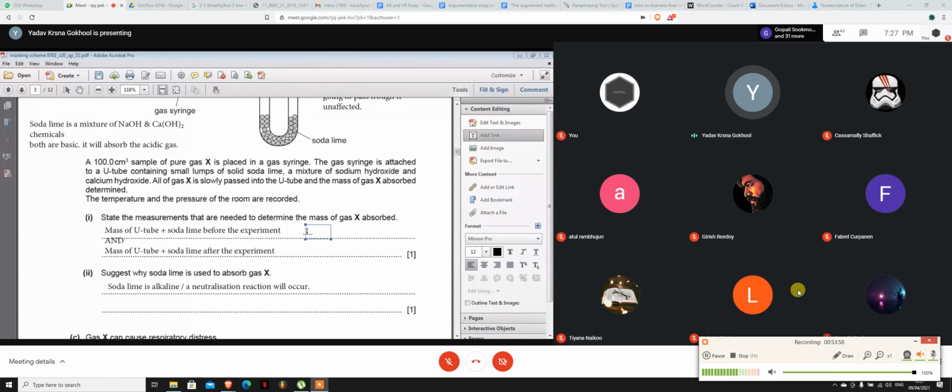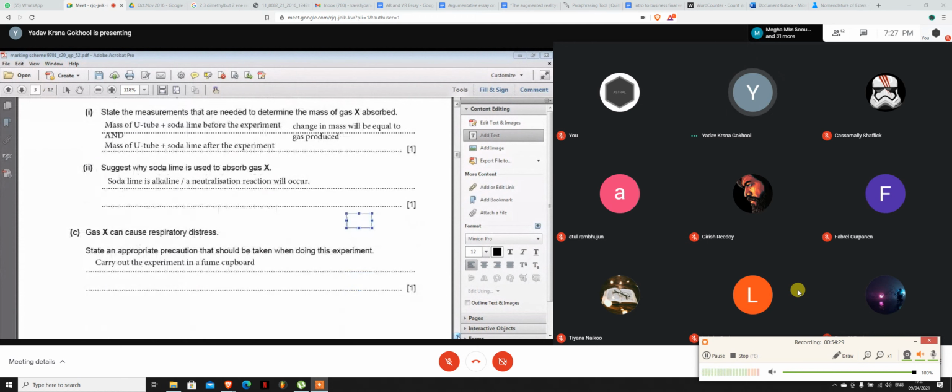So the change in mass will be equal to what we call the gas produced. So this is what we are looking for. This part I've already told you about. It is because soda lime is alkaline, so a neutralization reaction will occur.